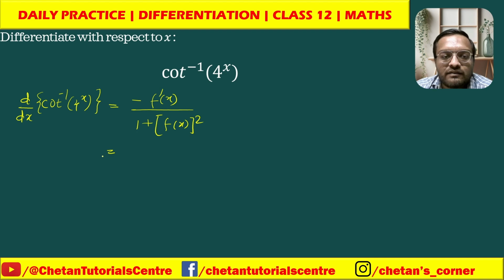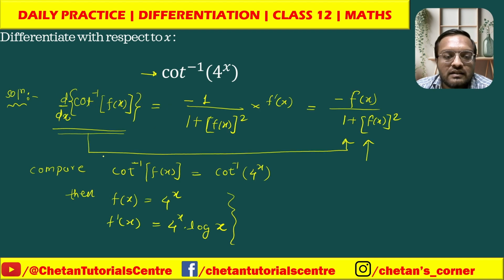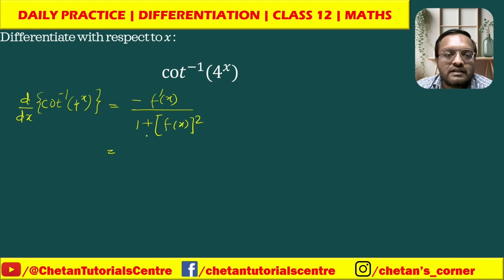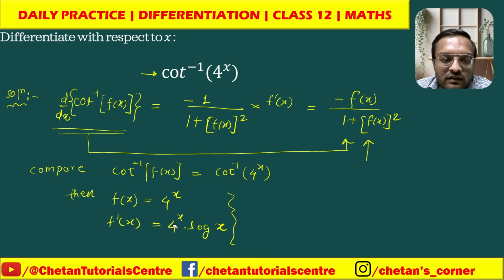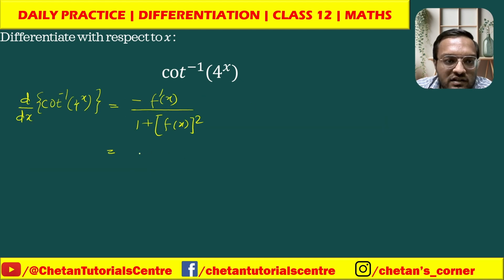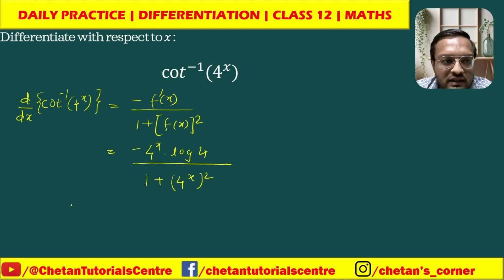Here derivative of 4 raised to x is 4 raised to x into log of 4. So f dash of x is 4 raised to x into log of 4, divided by 1 plus 4 raised to x bracket square.